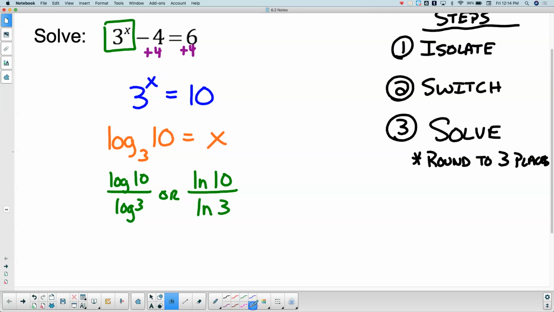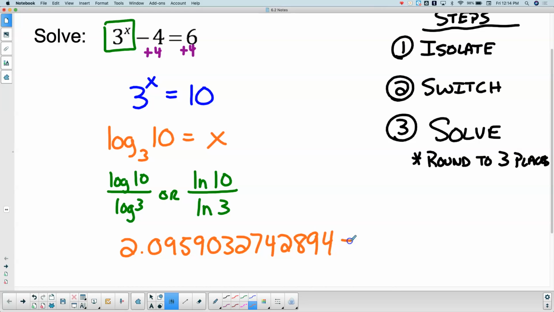I get 2.0959. Let me make sure. 59032742894.